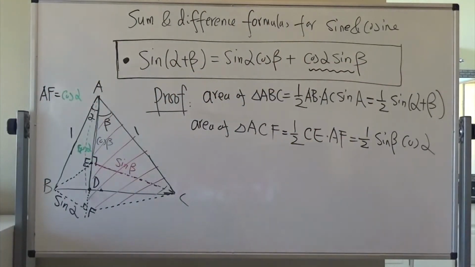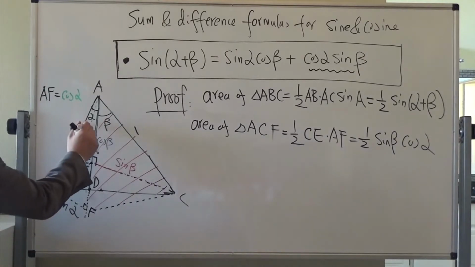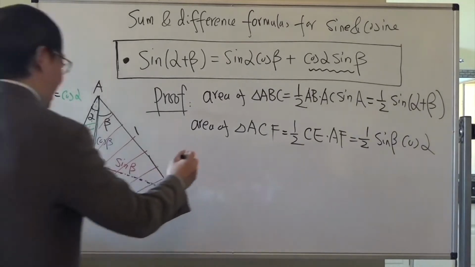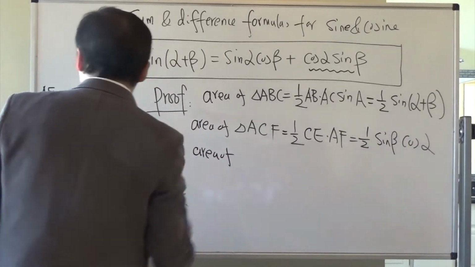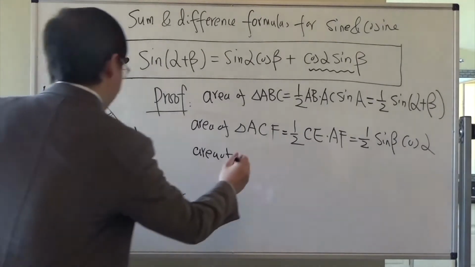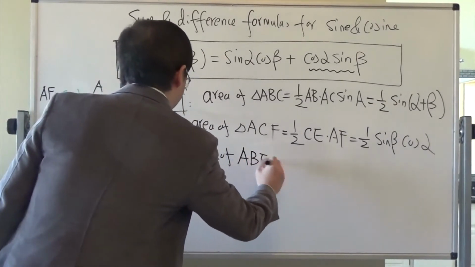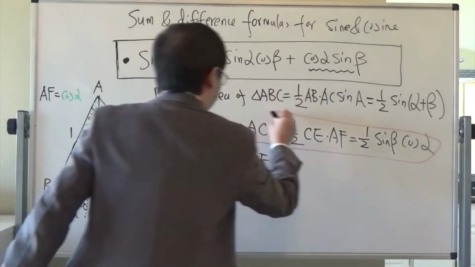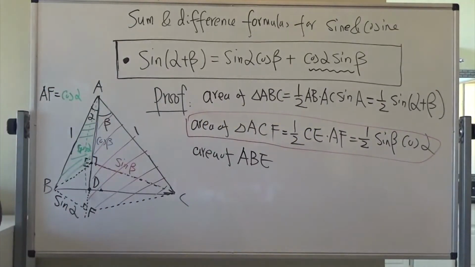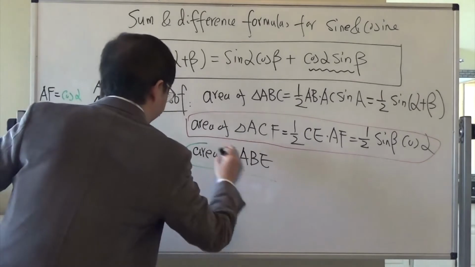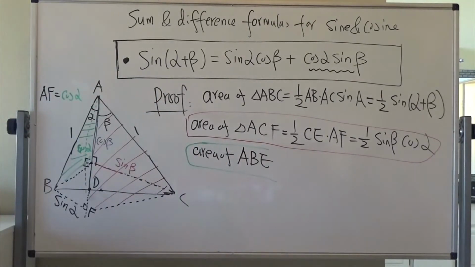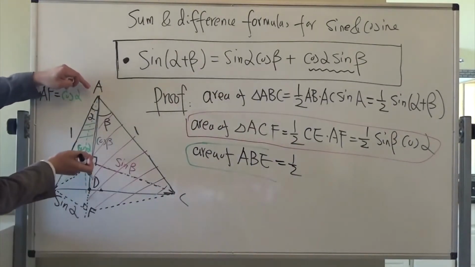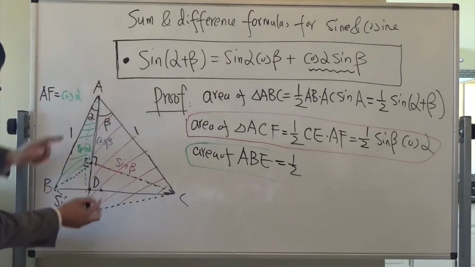Now, what else? Let's look at the triangle ABE, the green one. The area of ABE equals 1/2, again using the base AE multiplied by the height BF.